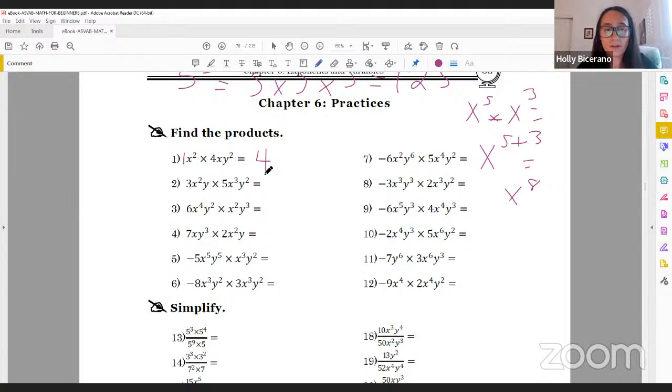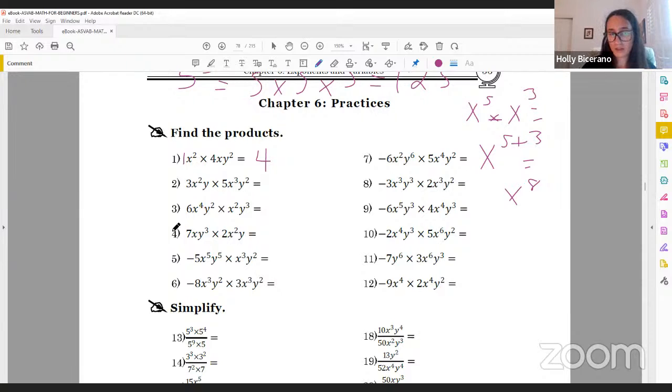Okay, now we're going to look at x squared. We have x squared right here, and we have x. So we have x squared times x. So x squared times x, we have to do exponent rules here because we have exponents.